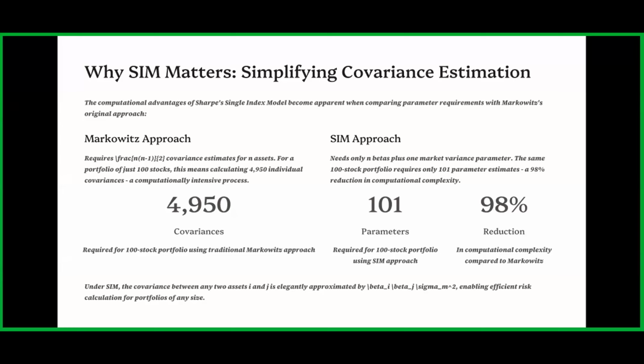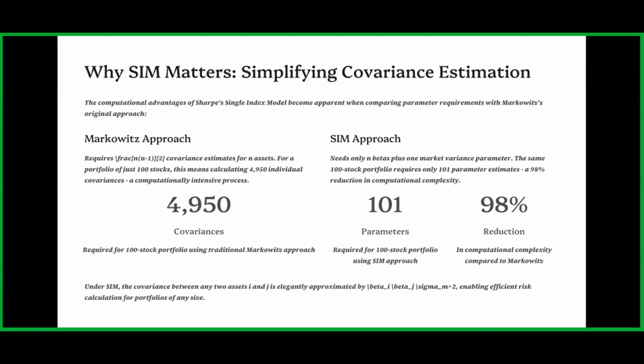That means for 100 companies, each company has to be compared with another company. When we compare each company with another company, we need to calculate 4,950 covariances. Then by analyzing all these covariances and standard deviations, we need to select the best companies out of it. Calculating 4,950 individual covariances is a computationally intensive process.